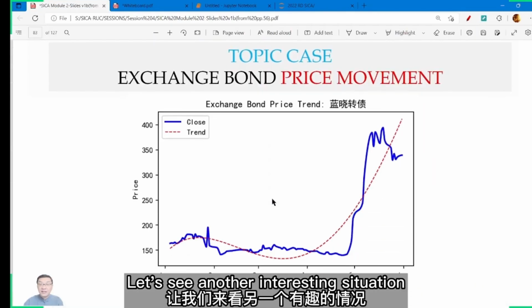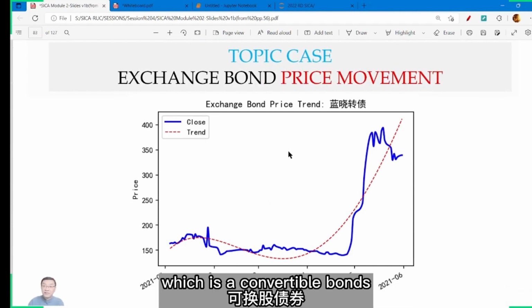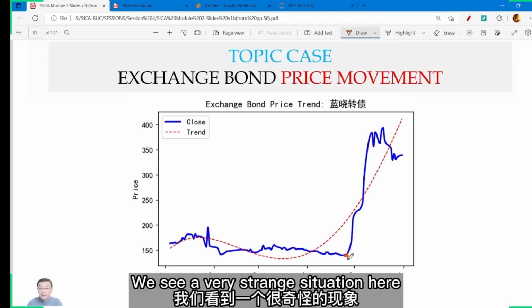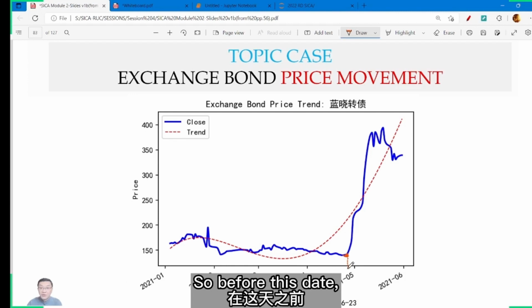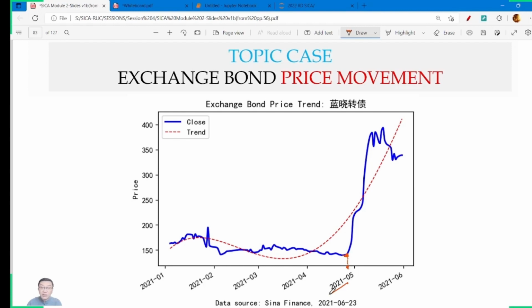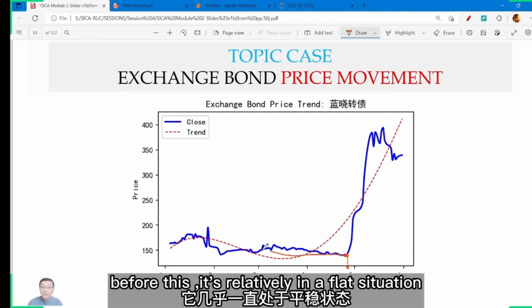Let's see another interesting situation, which is a convertible bond. We see a very strange situation here. So before this date, which is roughly May 2021, it's relatively flat.